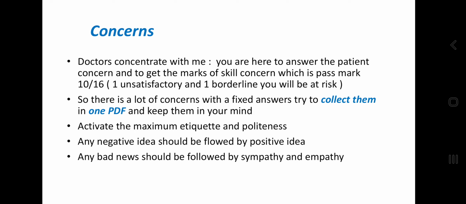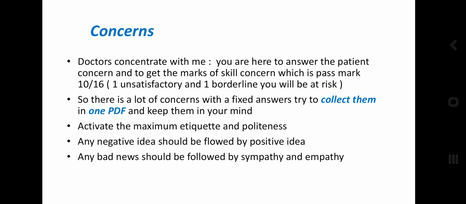Concern. Doctor, please concentrate with me. You are here to answer the patient's concern. Your job, your task, is answering the patient's concern. There is a skill called concern, pass mark 10 out of 16. So with one unsatisfactory or one borderline, you will be at very high risk of failing the skill and failing the exam.